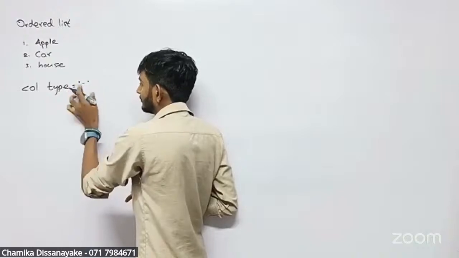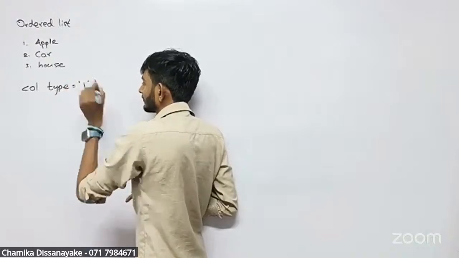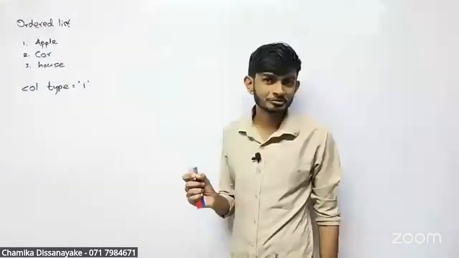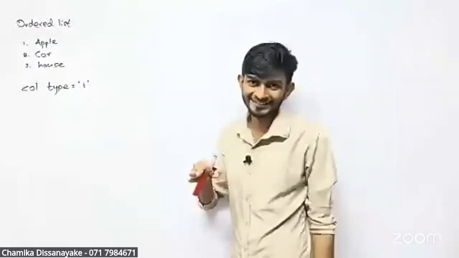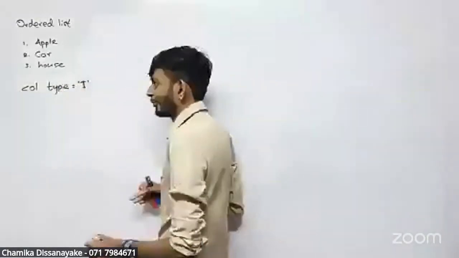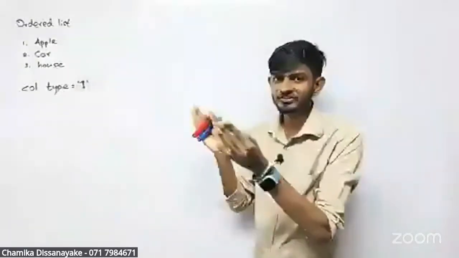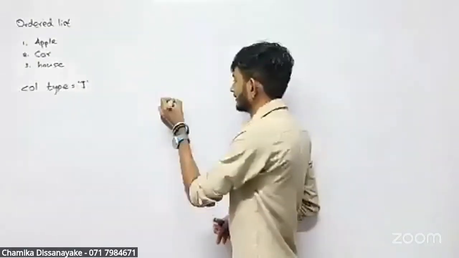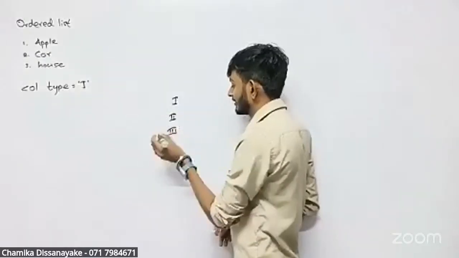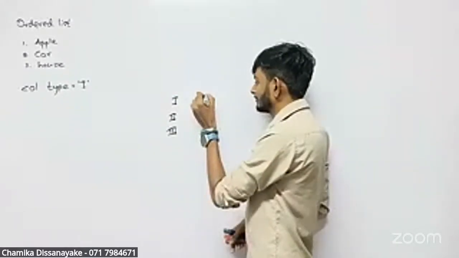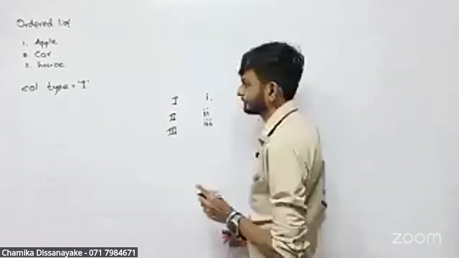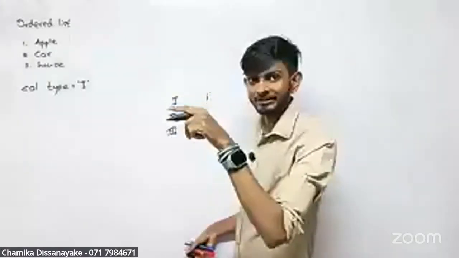And we can put simple i, which means Roman numbers in lowercase. We can also put capital I, which is Roman numbers in uppercase. That is the difference between the capital I and simple i.